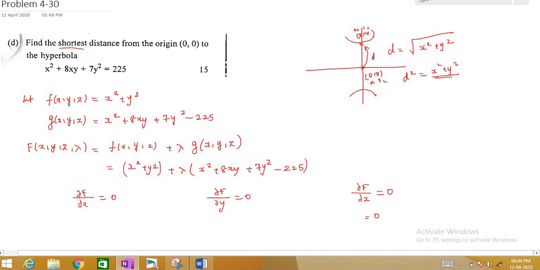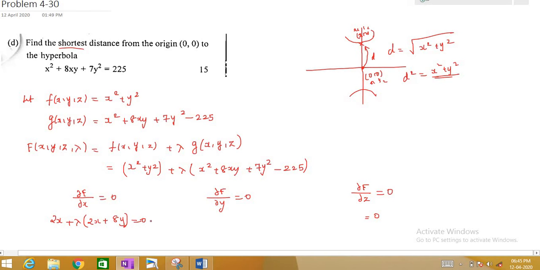So dou F by dou x: we will differentiate with respect to x, so we will have 2x plus lambda times, x square gives 2x and 8xy gives 8y, and there is no x term in the other parts, so that is 0.